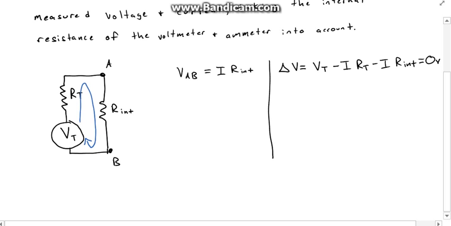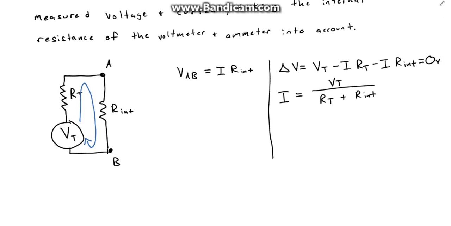That's the loop rule. So now if I solve for the current, I find that the current is equal to the Thevenin voltage divided by the Thevenin resistance plus the internal resistance of my voltmeter.